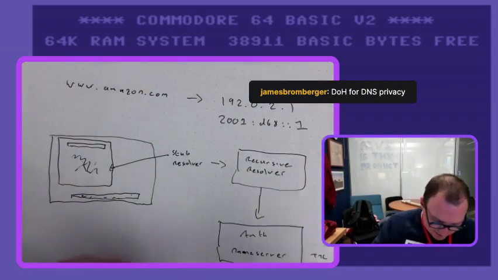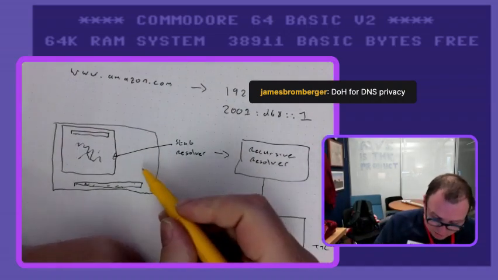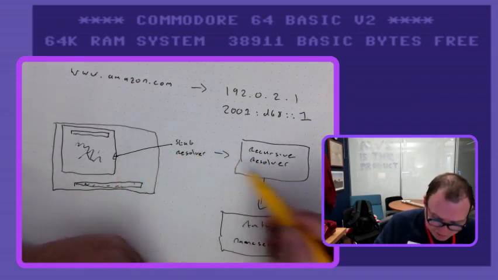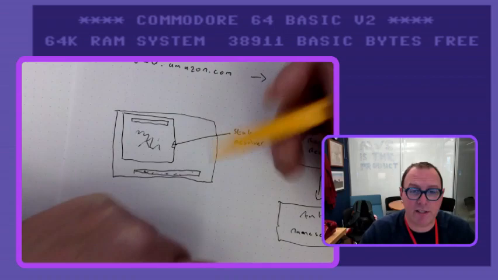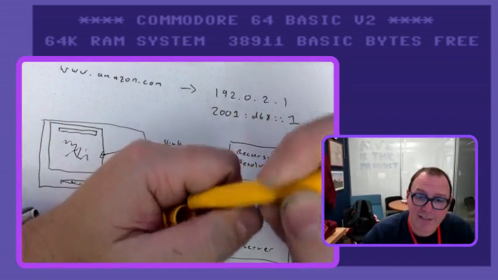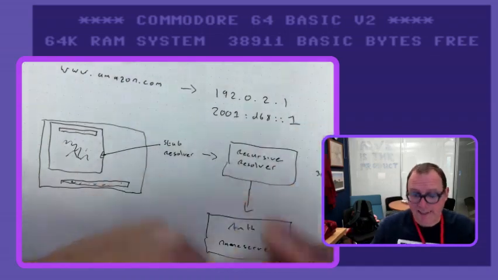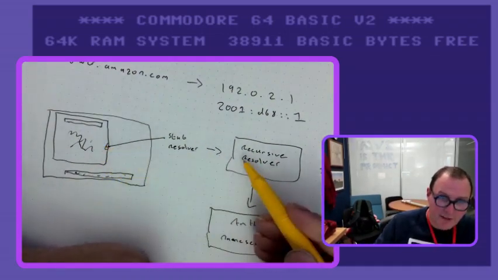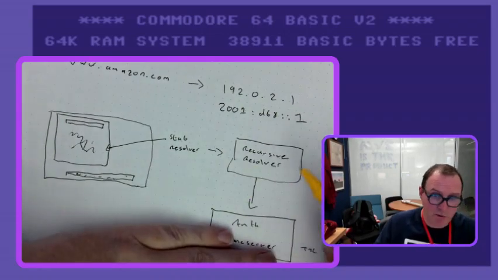Which is a pretty bad start. So as I said earlier, there are alternatives that help you there, right? So you can have privacy between your Stub Resolver and your Recursive Resolver by using, say, DNS over HTTPS, or DNS over TLS, or DNS over QUIC. And that will give you encryption between here and there, right? Doesn't give you much more than that.